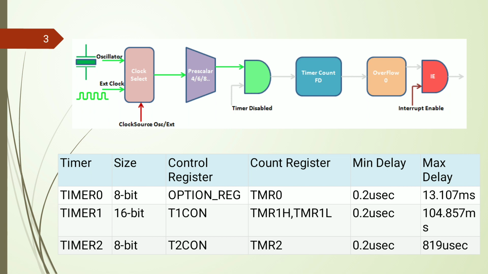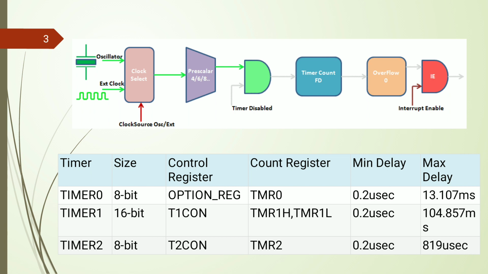Some registers are specified in the table below. For timer 0, 8 bit size is there, the important controlling register is the OPTION register, and another register where the count is loaded is TMR0, and the minimum and maximum delay is also specified here. After that, timer 1. Timer 1 size is 16 bit.